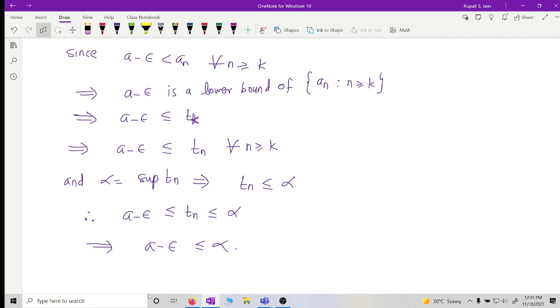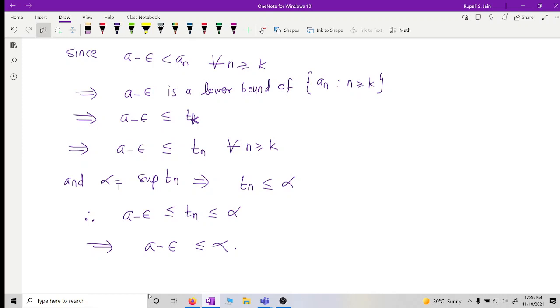Now, using another inequality, what can we prove? What should be the relation between beta and A plus epsilon? Beta must be less than or equal to A plus epsilon, right? But we will prove this.